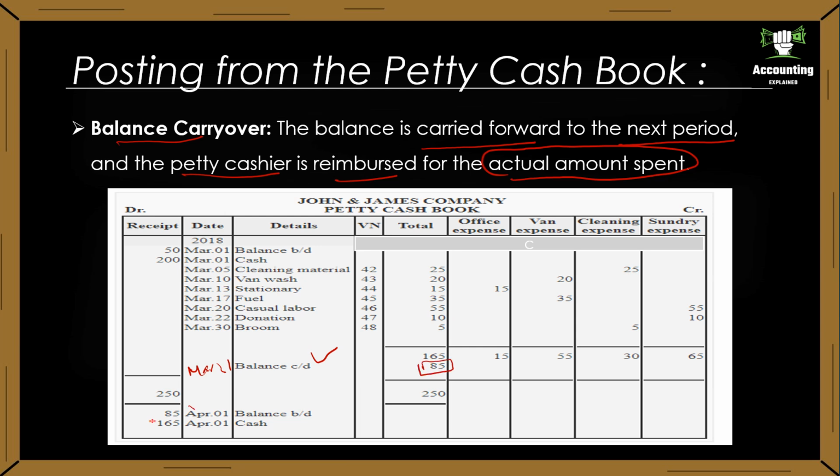On April 1, that is the next month or the next year, it is brought forward, that is carried over to the next period, 85 rupees on the receipt side. See, okay, and the petty cashier is reimbursed for the actual amount spent. What is the actual amount spent here? Actual amount spent is 165 rupees. On April 1, he has been reimbursed cash on the receipt side 165.